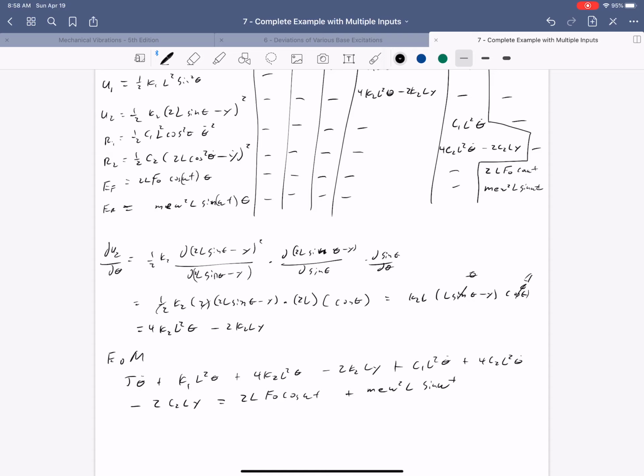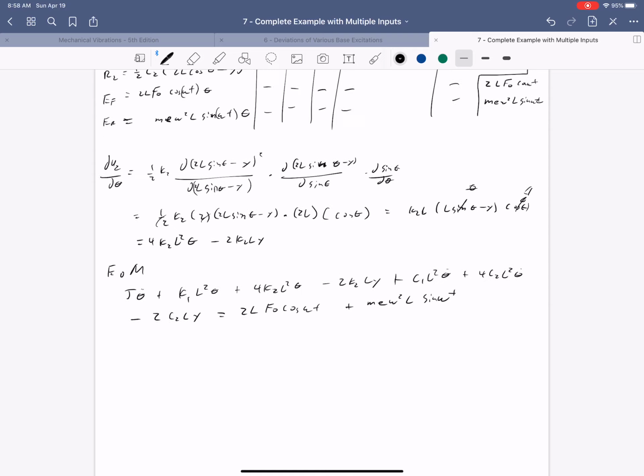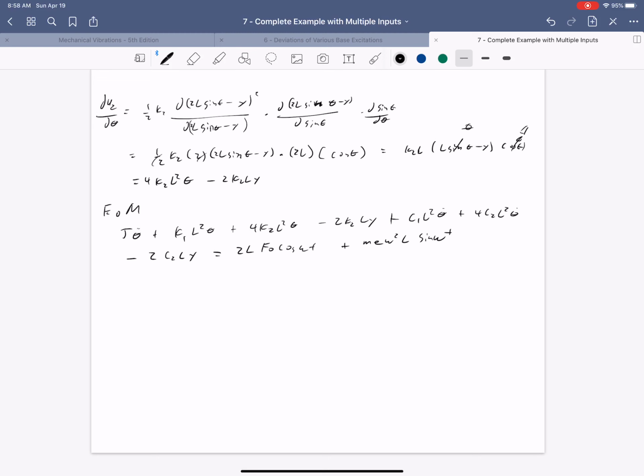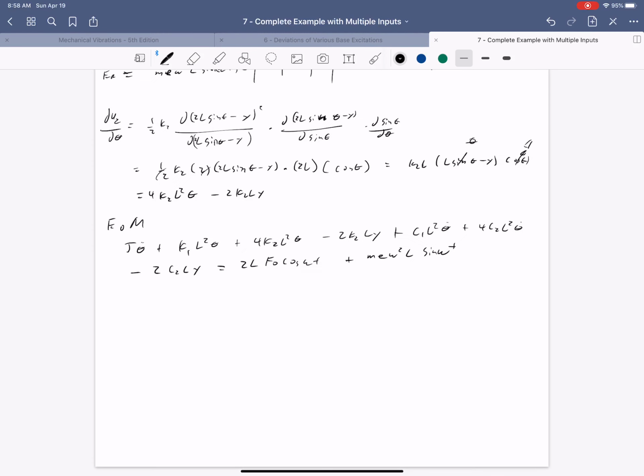Okay? Now we'll simplify this a little bit. So we've got Jθ double dot plus, now let's do our θ dots.